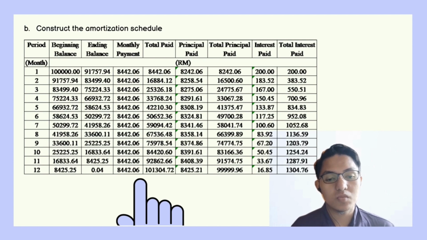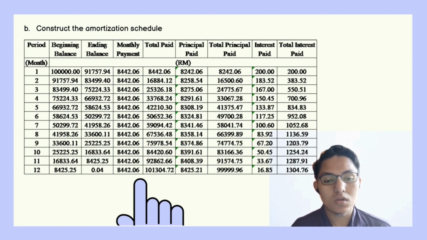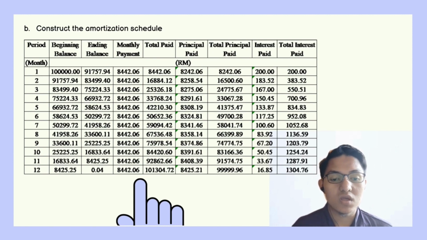So in amount form, 183.52 plus 200, so we get 383.52.